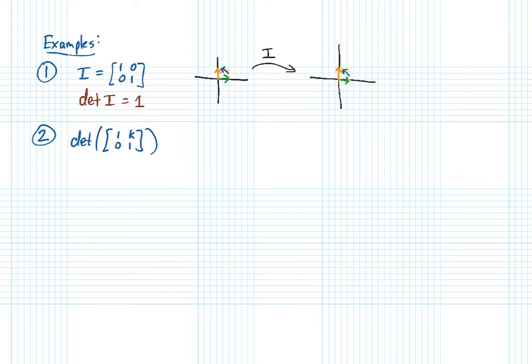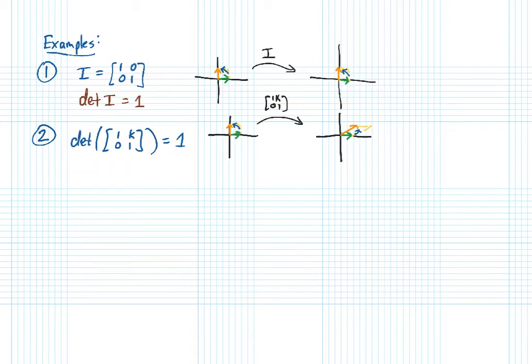Next, let's look at this matrix [1 k; 0 1]. If you use the AD minus BC formula, you'll get 1 times 1 minus k times 0, that's 1. Now let's look at this from the point of view of a transformation. If you multiply this matrix times E1, you get E1 again. But if you multiply by E2, then you get (k, 1).